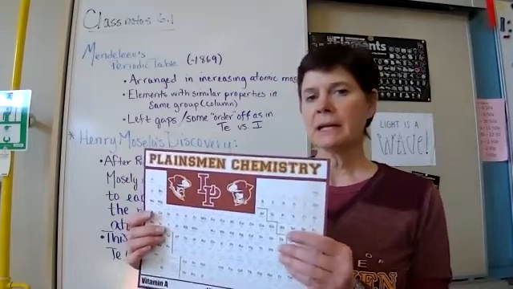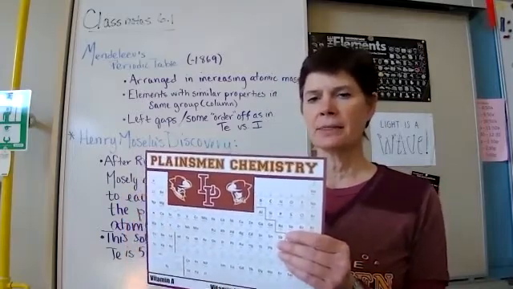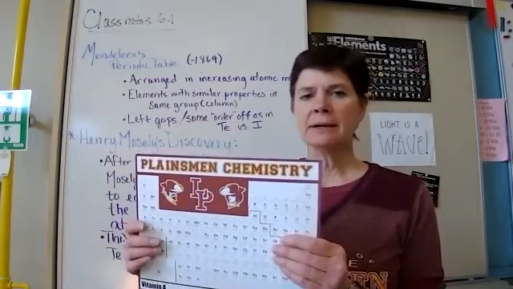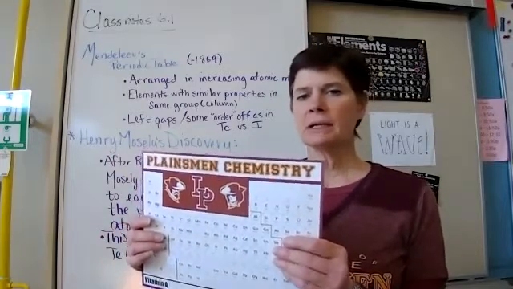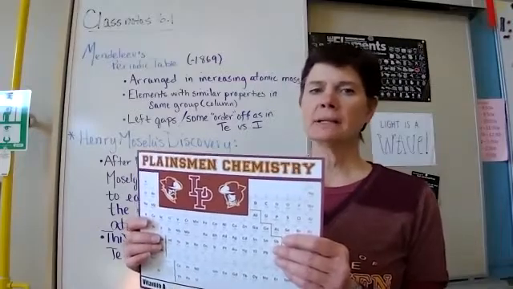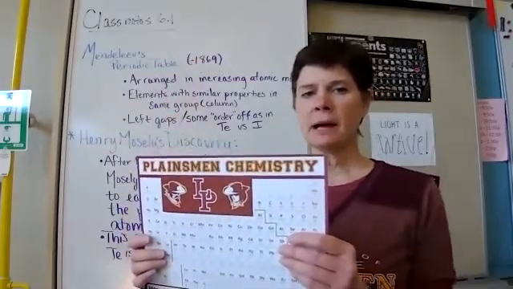So after Mendeleev put together his periodic table and the gaps were starting to be filled in, it was only later that Henry Moseley actually reconfigured the periodic table based not on atomic mass, which is what Mendeleev did, but based on atomic number.